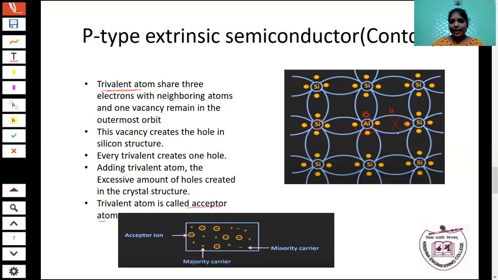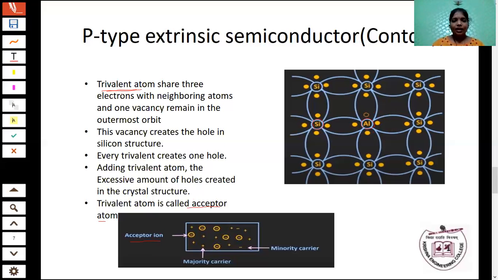So in this way, in the p-type extrinsic semiconductor material, a large number of holes are created, and these holes act as acceptors. What is the meaning of accept? Accept means you are going to accept something, right? So each and every hole is going to accept a free electron. That's why it is called the acceptor ion.